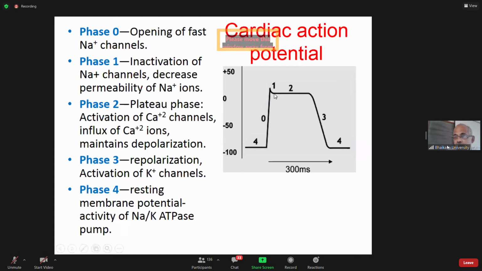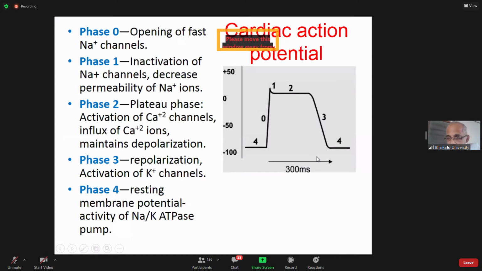But here what happens is the voltage gated calcium channels get activated. So there will be influx of calcium ions at this phase. Because of this influx of calcium ions, the plateau phase is seen. The result of this plateau phase is that it increases the duration of the action potential.